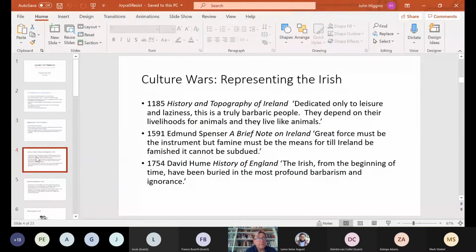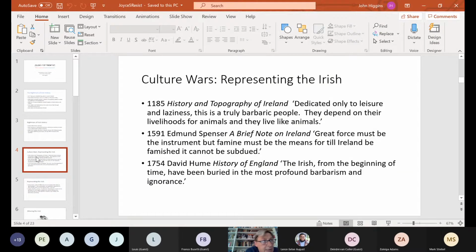I want to, before getting to Joyce, look at the general terms of the cultural representations of the Irish, which Joyce had to engage with. As we know from our own experience in South Africa, no act of colonialism occurs without forms of representation.